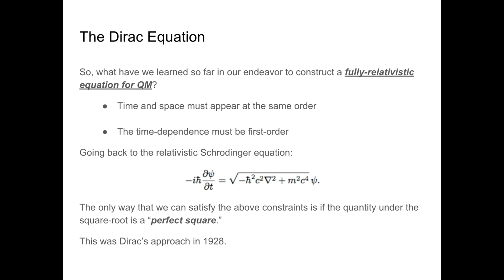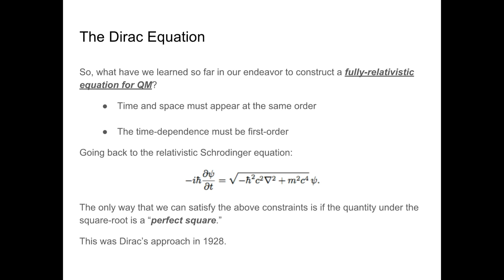And so what Dirac did was he looked at this equation and said, okay, over here I have time first order. I have to leave that part alone. On the right-hand side is the square root of this nasty looking thing. But he said, if this thing inside of here could be refactored somehow into a perfect square, everybody know what I mean by perfect square?